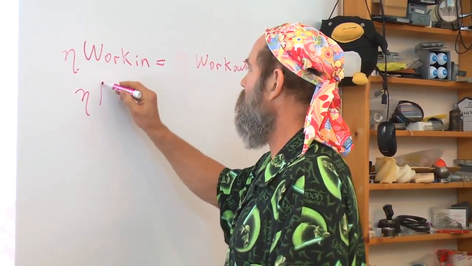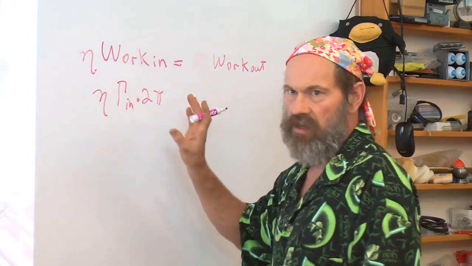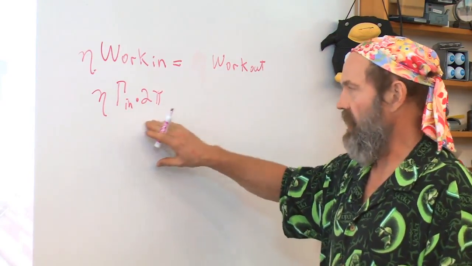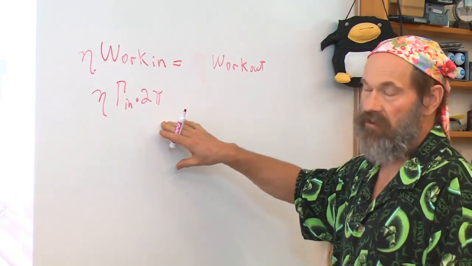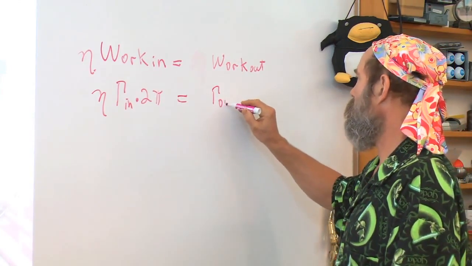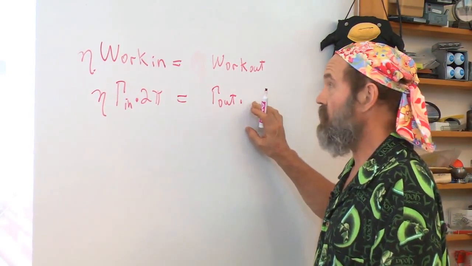So the efficiency times the torque in times 2 pi. And whenever you're working in energy, you have to use radians. You don't use degrees for angular motion. Equals the torque out times what?